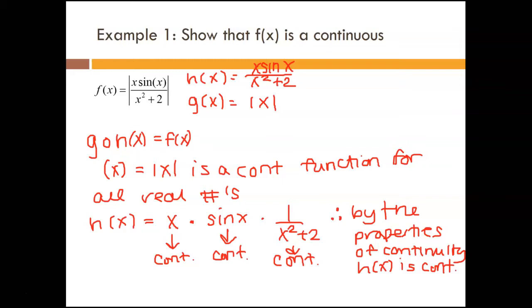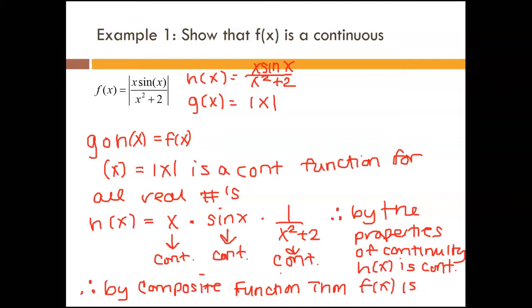And so we can say in finality, by the function composition theorem, f of x is continuous.